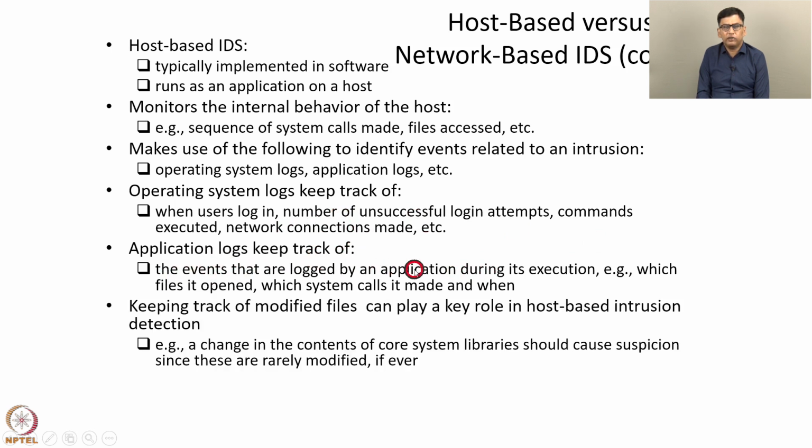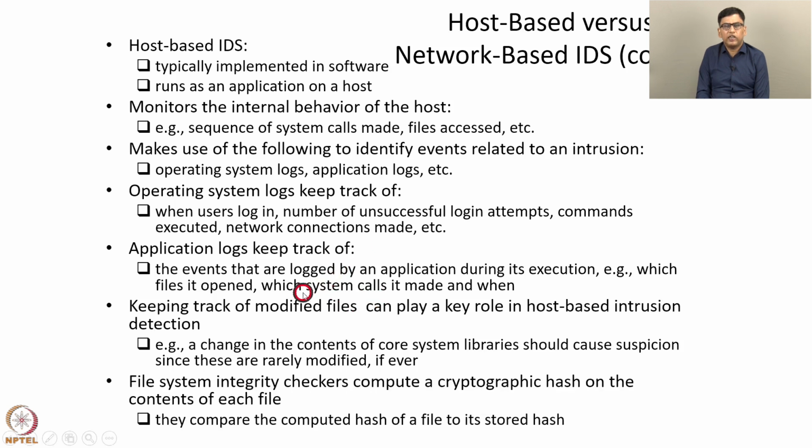Keeping track of modified files can play a key role in host-based intrusion detection. For example, a change in the contents of core system libraries should cause suspicion because these are rarely modified, if ever. So by detecting the modification of files, a host-based IDS can infer that some malicious activity is going on. File system integrity checkers compute a cryptographic hash on the contents of each file, and they compare the computed hash of a file to its stored hash. When a system is initialized, the integrity checkers compute a cryptographic hash of the contents of each file and store that hash.